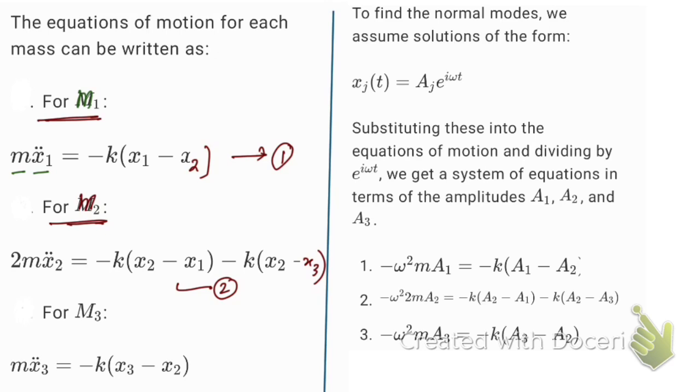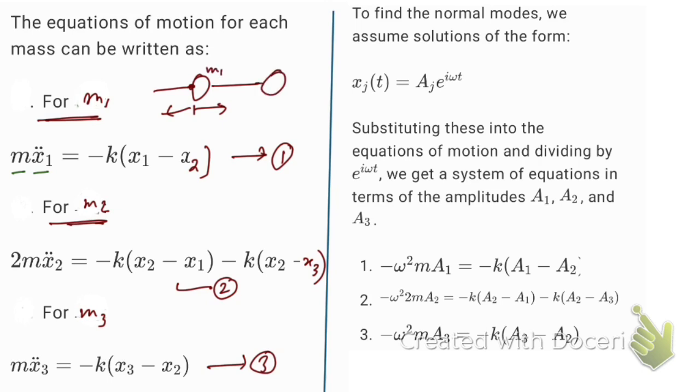Let me write small m2. Just wait, give me a second. This is small m1, small m2, and small m3, and this is equation number 3. Now for the first sphere, it oscillates this way. This is the initial position, suppose, and next to m1 we have m2.